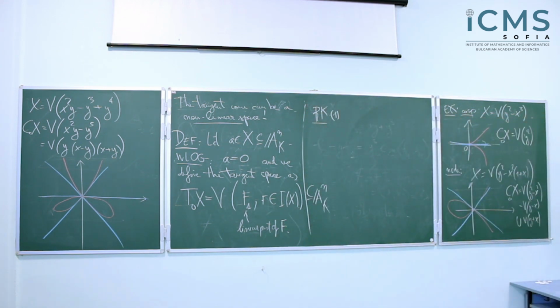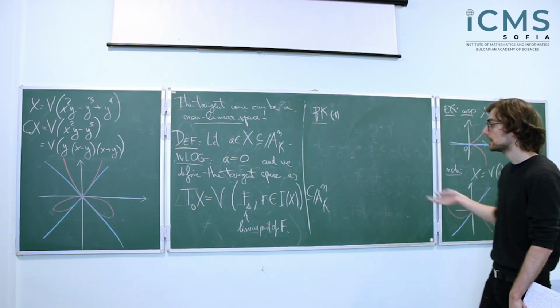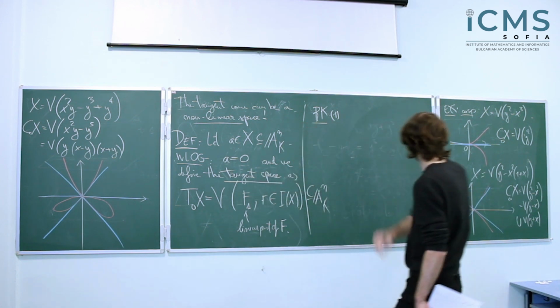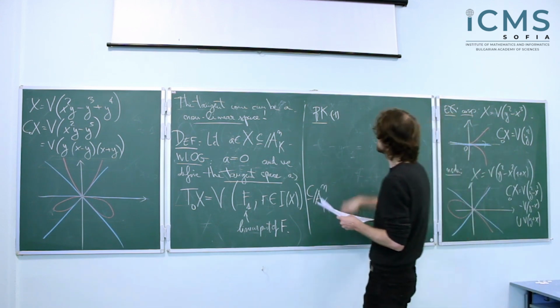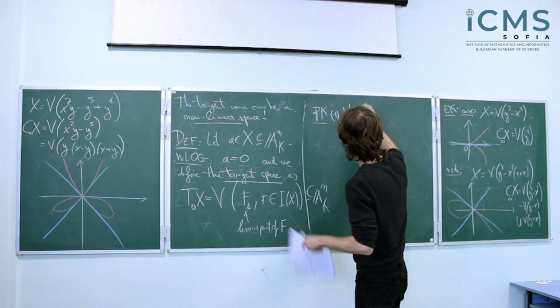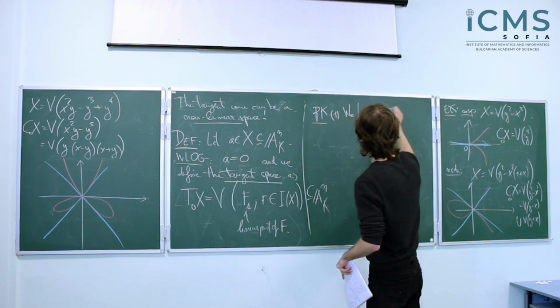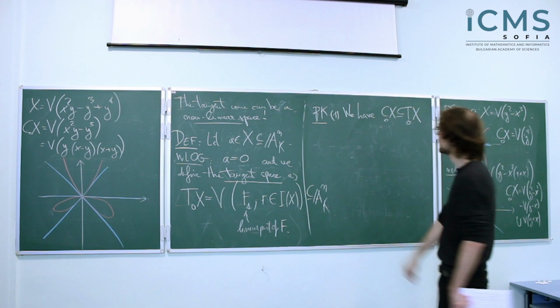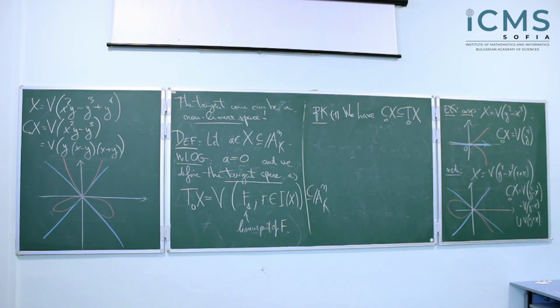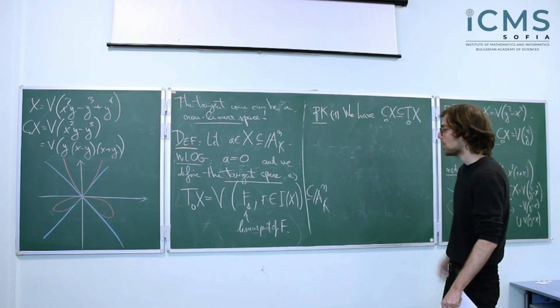In some way you can imagine that it is the smallest linear vector space that contains the tangent component. This is more or less the intuition behind the tangent space. Just to compare it a little bit with the tangent cone: the tangent cone is always included inside of T_0 of X. Why is that?